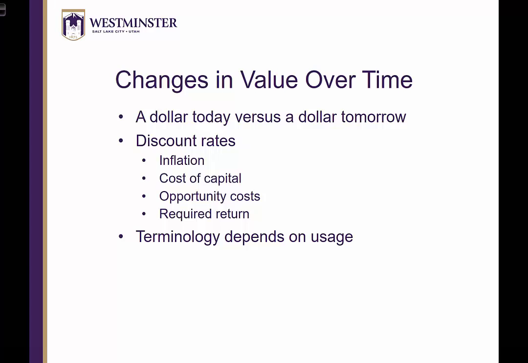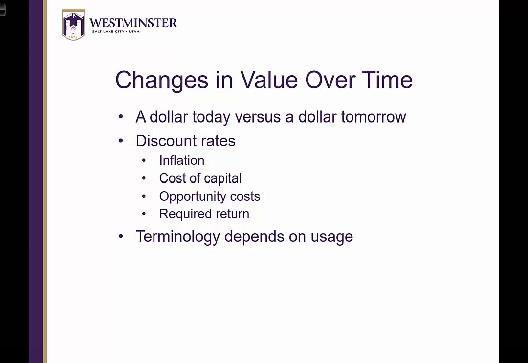So inflation is simply an example of one of a number of different discount rates that we might consider that have an effect on the value of money, the value of currency. But we can use those discount rates to think about the present value in today's dollars of a monetary exchange in the future. We think of this as being a discounted present value model, or sometimes discounted cash flow models. The discount rate might be an inflation rate, or when we're thinking about a monetary asset rather than a physical asset like an apple, maybe the discount rate is the cost of capital.